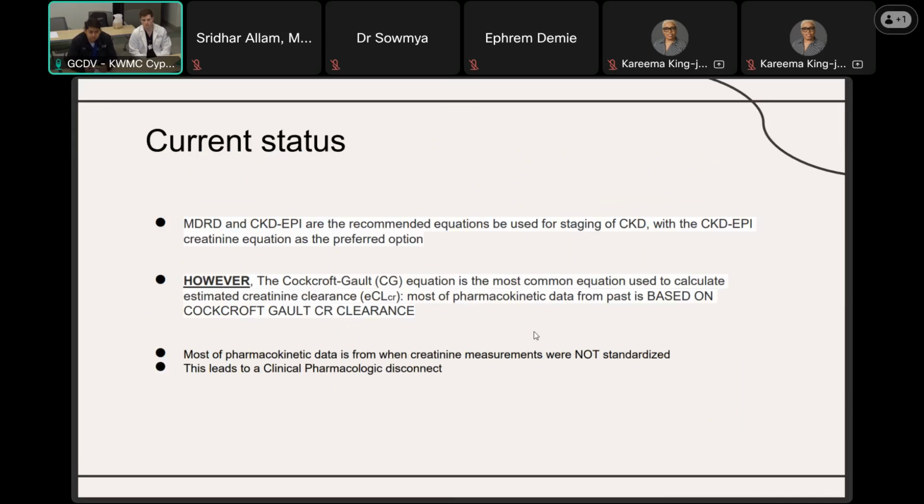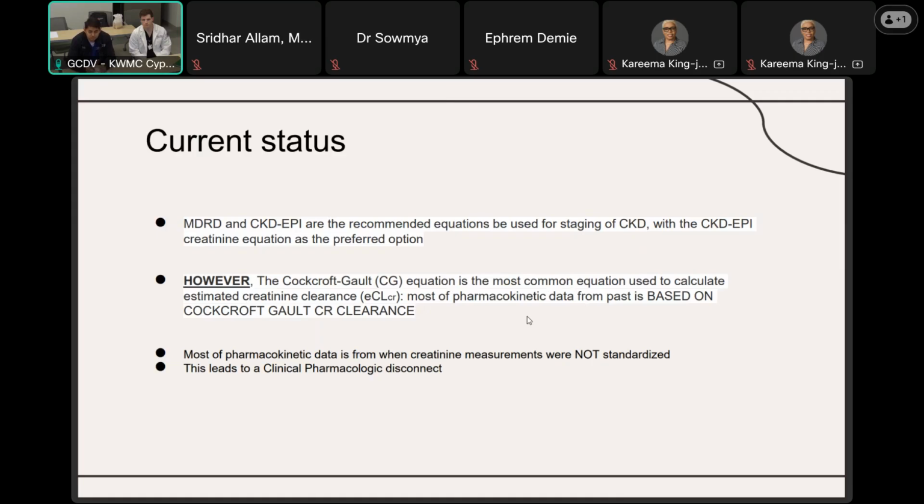MDRD and CKD-EPI are the recommended equations for staging of chronic kidney disease, and that is what we as clinicians use in our daily practice, in our outpatient as well as inpatient populations, if they have standard creatinine. However, the Cockcroft-Gault formula, which gives you a creatinine clearance, is the most common equation used for pharmacokinetic data.